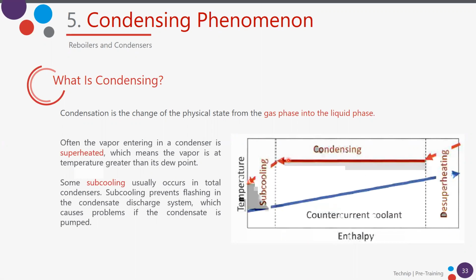Then this fluid is condensed, and right after we have some subcooling that prevents flashing in the condensate discharge system, which causes problems if the condensate is pumped. So if we have a pump right after our condenser, it is good to have some subcooling to ensure that we will not have a phase separation or some vapor at the pump inlet.